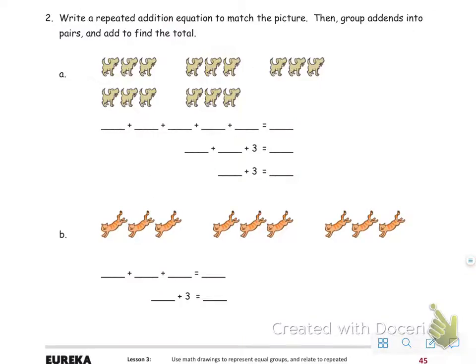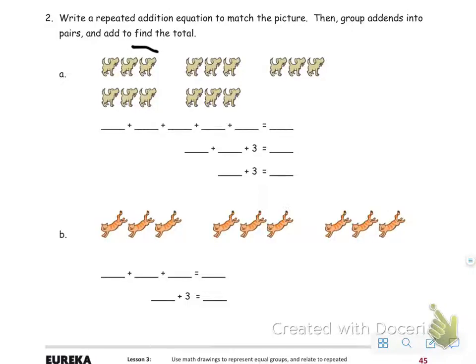All right, moving on, we have write a repeated addition equation to match the picture, then group add-ins into pairs, and add to find the total. All right. So I'm going to go ahead and start off just by taking these and grouping them nicely, okay?